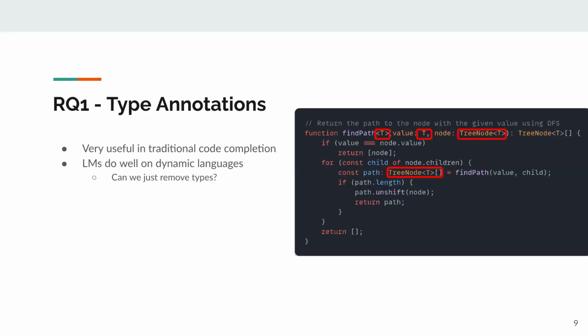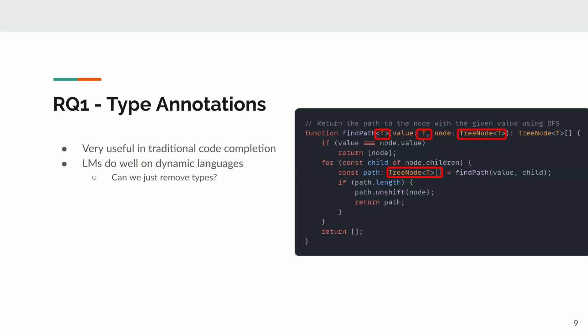And this is also very useful to traditional code completion in IDEs. Because what you can do then is look at the local scope, see the type of all the variables, and then look through the index with all the available functions, and see if we have a function that takes arguments with the types that we have available in the current scope.